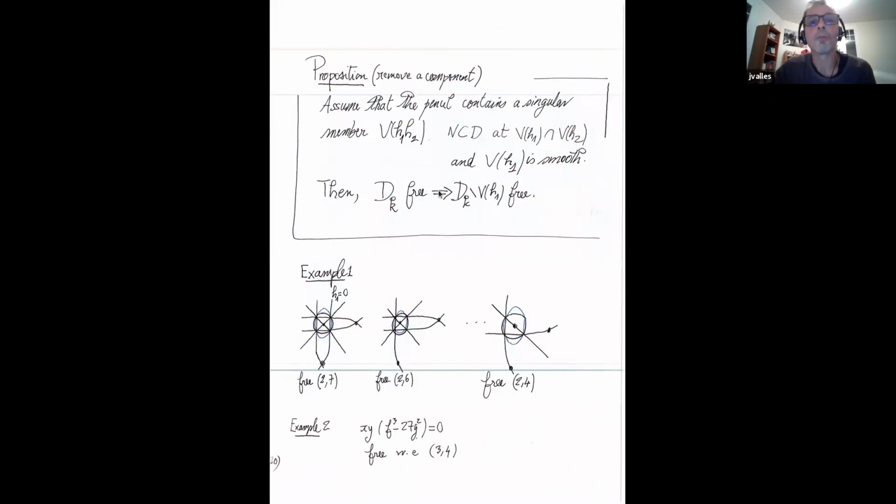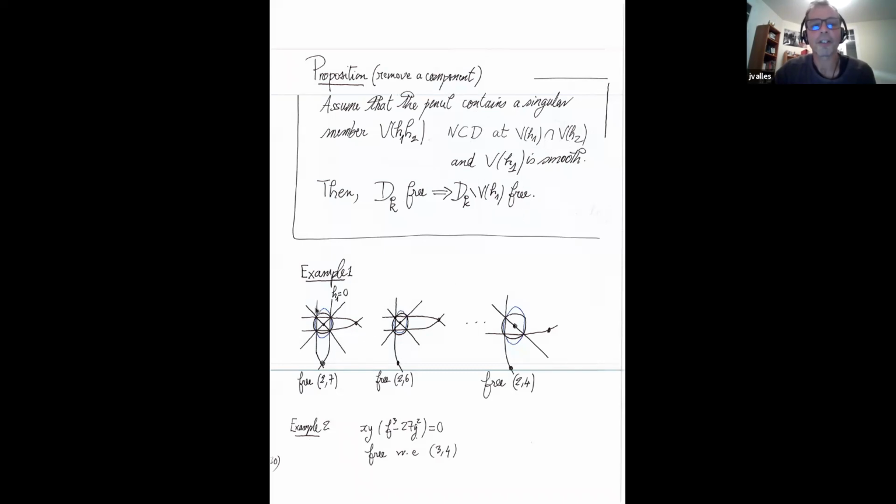So, removing a component. If you assume that the pencil contains a singular member H1 union H2, like in the example below, where you have two lines H1 and H2, and you assume that they intersect in a normal crossing way, and you assume also that H1 is smooth, then you can remove this H1 and you keep the freeness of your divisor.